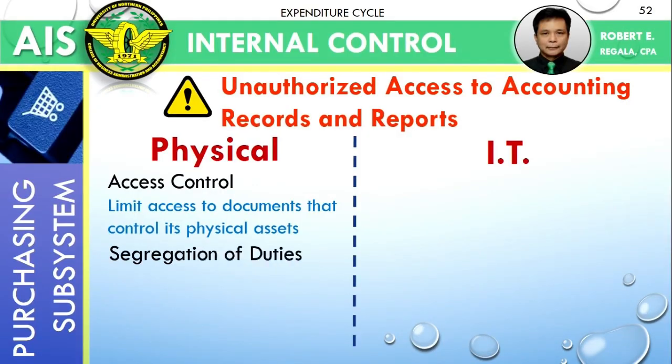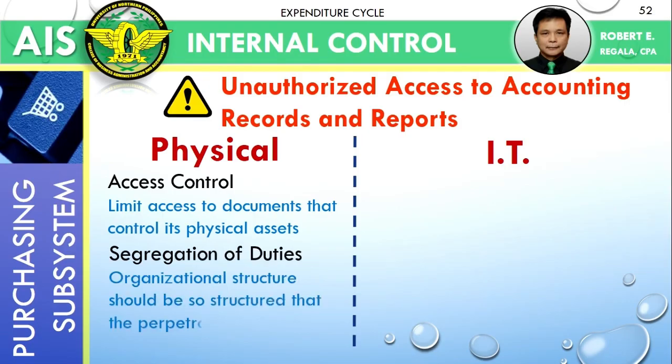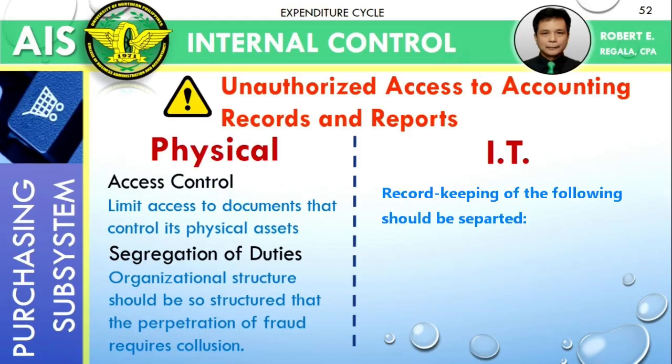Segregation of duties. The organization should be so structured that the perpetration of a fraud requires collusion between 2 or more individuals. To achieve this objective, certain record-keeping tasks must be separated. Specifically, subsidiary ledgers, accounts payable and inventory, journal entries, and the general ledger should be separated.